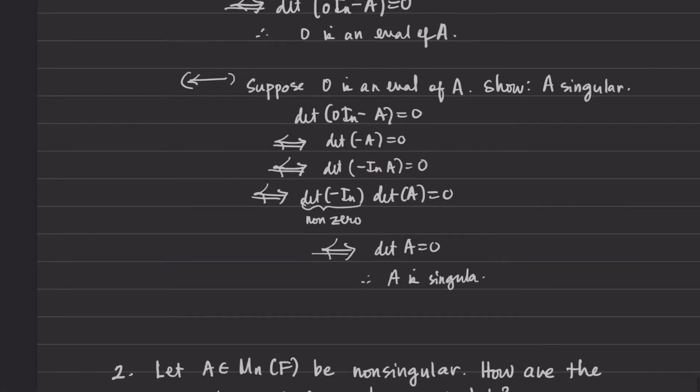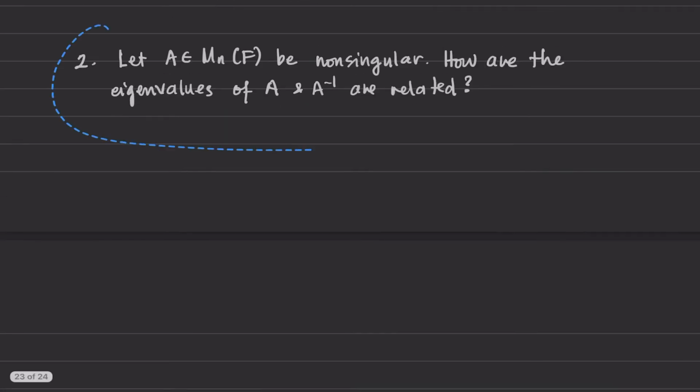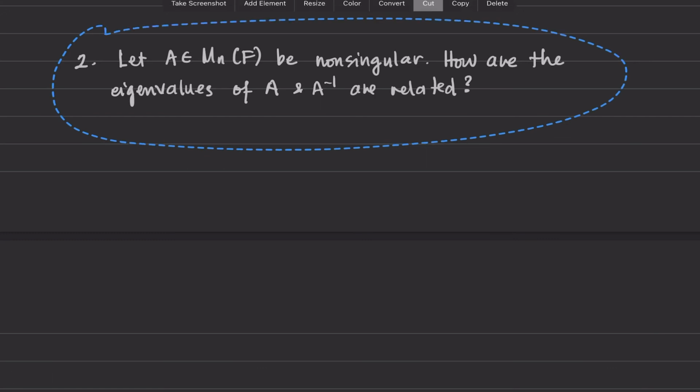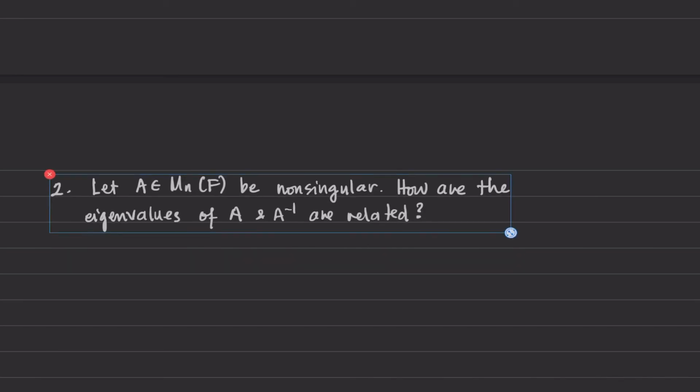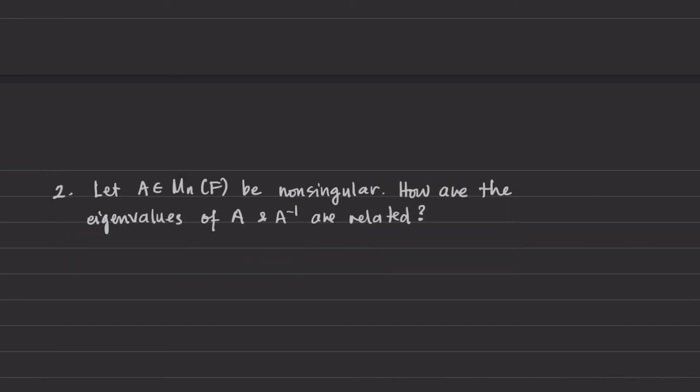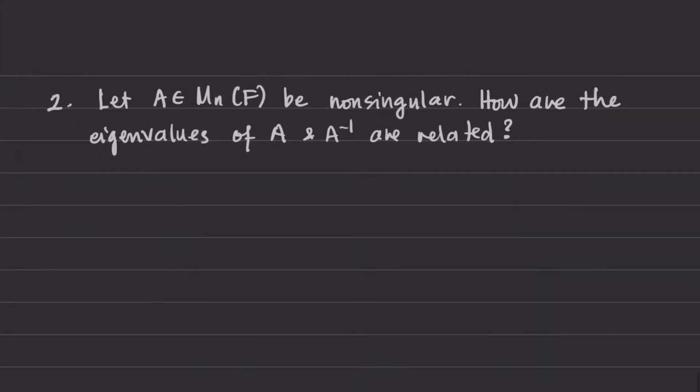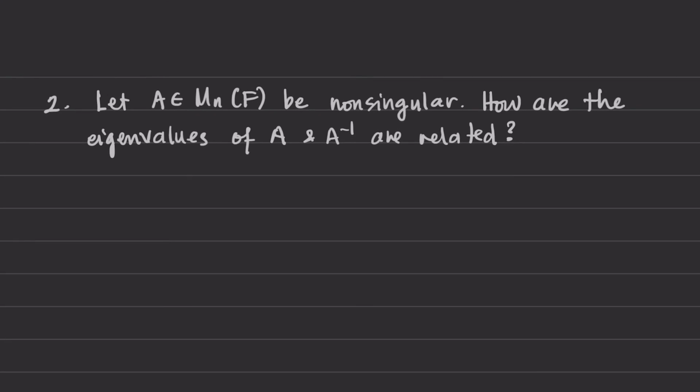Okay, so punta tayo doon sa last example natin. I-next page na natin ito para kanyang-kanya lang yung pahina niya. Ayan. So, let A be non-singular. How are the eigenvalues of A and A inverse related? So, ganito yung gagawin natin.